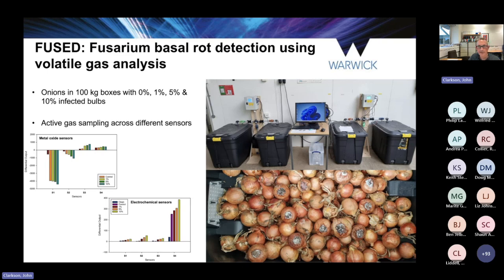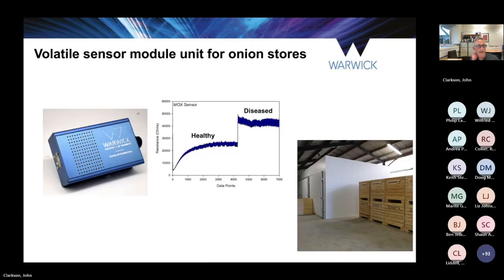He has taken that information and put the key sensors into this blue box, which can now be deployed and is being deployed into stores. Here's an output from one of the sensors showing the difference between the healthy and diseased response.